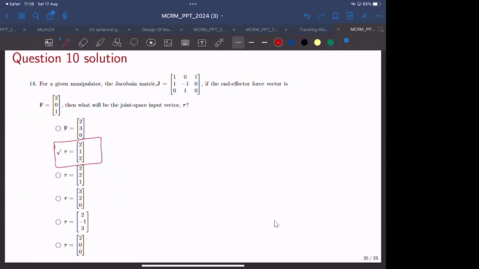Yeah, so we have reached the end of our session. And we have covered all the topics regarding forward velocity propagation, forward differential kinematics, and inverse differential kinematics. We have also seen how to deal with systems that are non-square, when there are more equations than unknowns or more unknowns than equations.